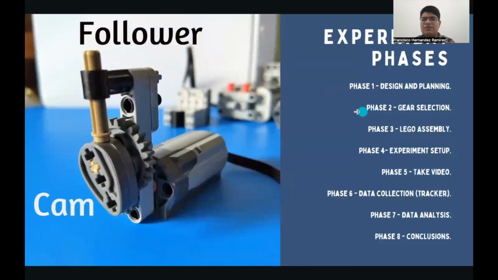The second phase was the gear selection of the specific gears that we would use to make the ratio and the relationship. The third phase was to assemble all the Lego pieces necessary for the experiment. The next phase was the experiment setup, to put a camera that was fixed, so it did not move or tilt, so the measurements would not be inexact.